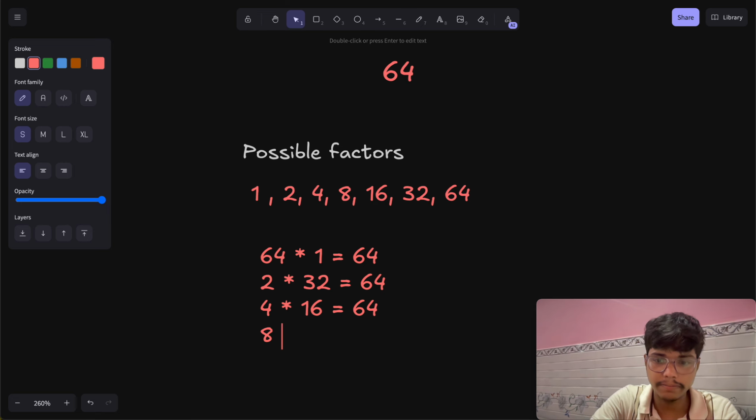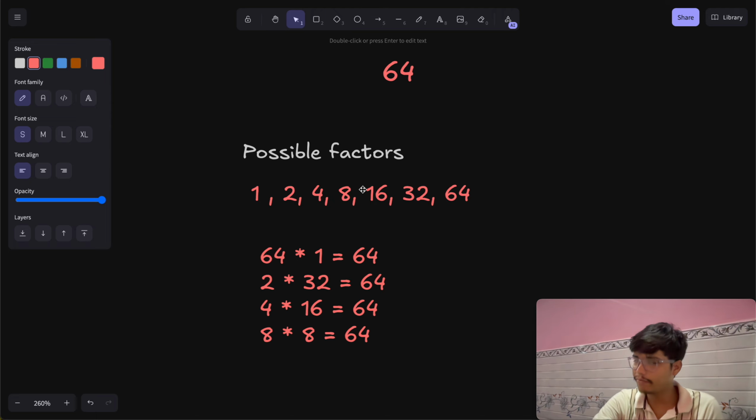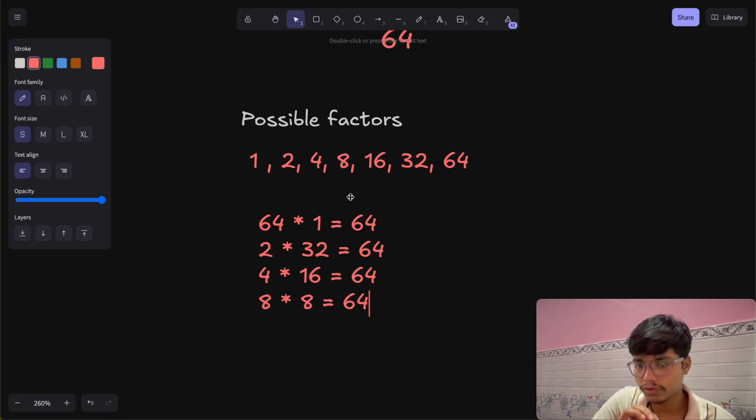There is 8 multiplied by 8 equals 64, and we know that 8 is the square root of 64. So with that understanding, all the possible factors need to make a pair to have 64. That we know.